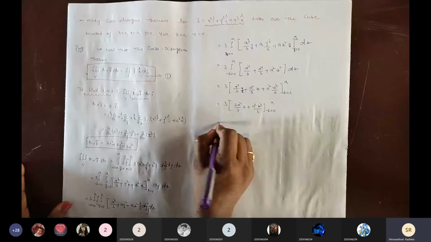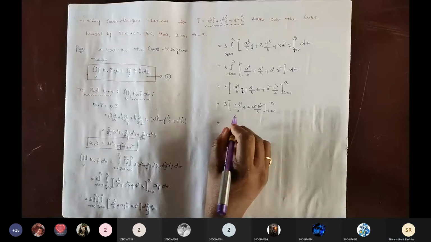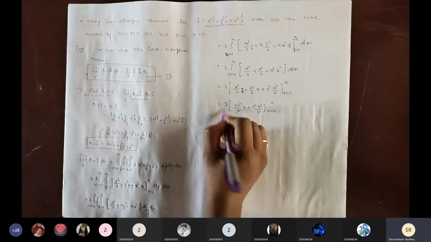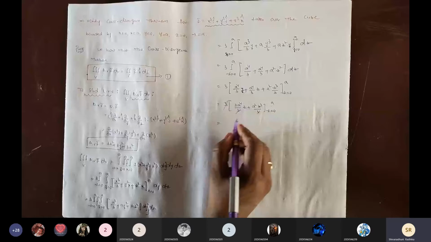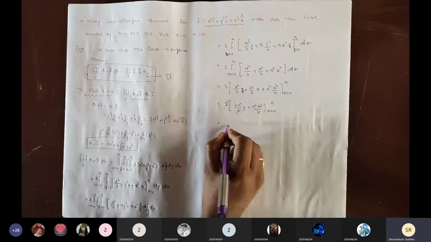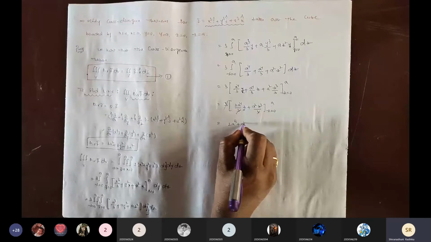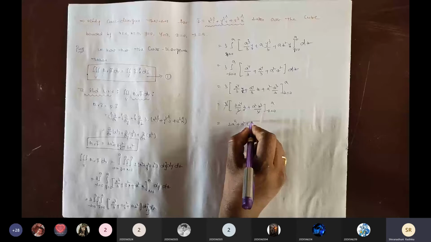0 to a. Just substitute the upper limit here, the upper limit is a, so that the 3 gets cancelled on both sides, numerator and denominator. Z equals a power 4 into a, 2a power 5, plus a square into z equals a cube.